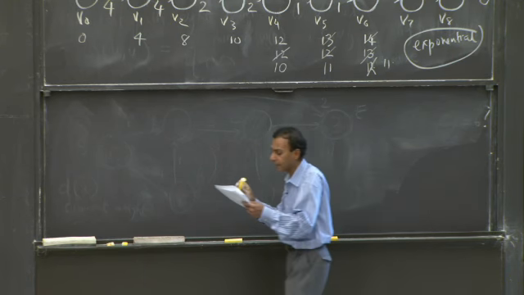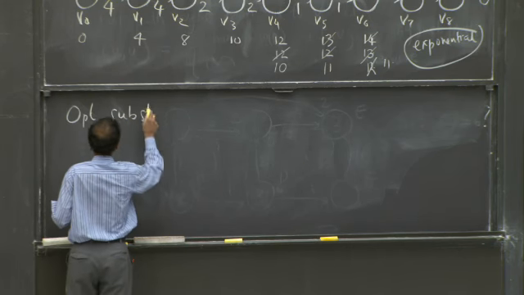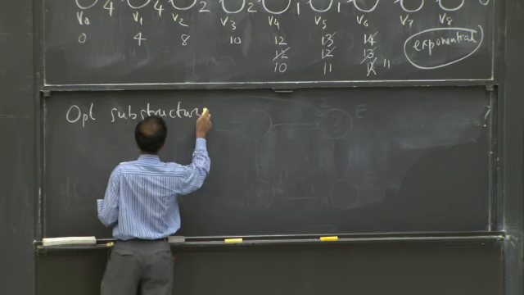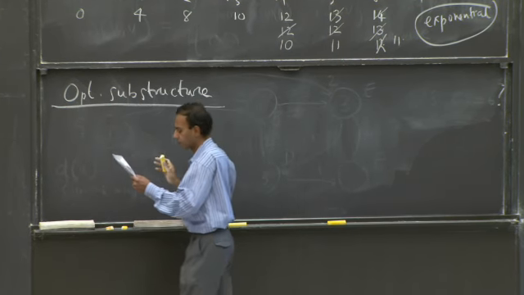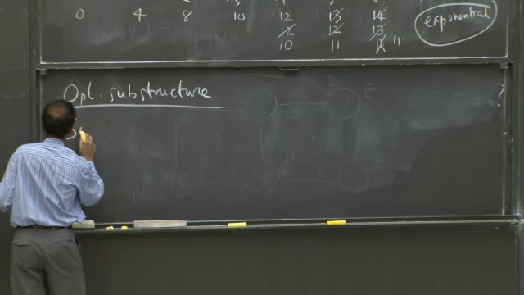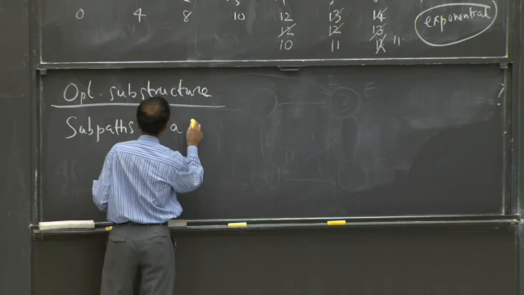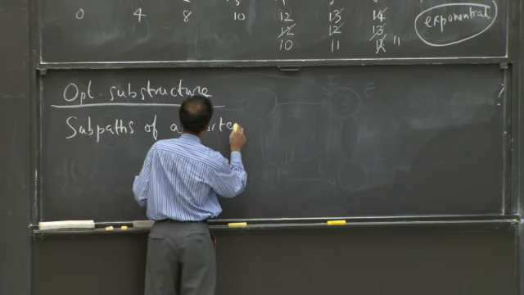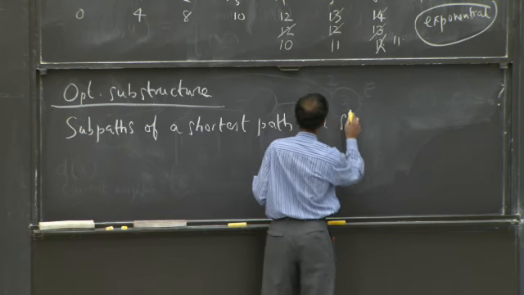Okay, and so I leave you with this very simple notion of optimum substructure using two very simple theorems that you can prove in literally a line of text. And the first one says that subpaths of a shortest path are shortest paths.